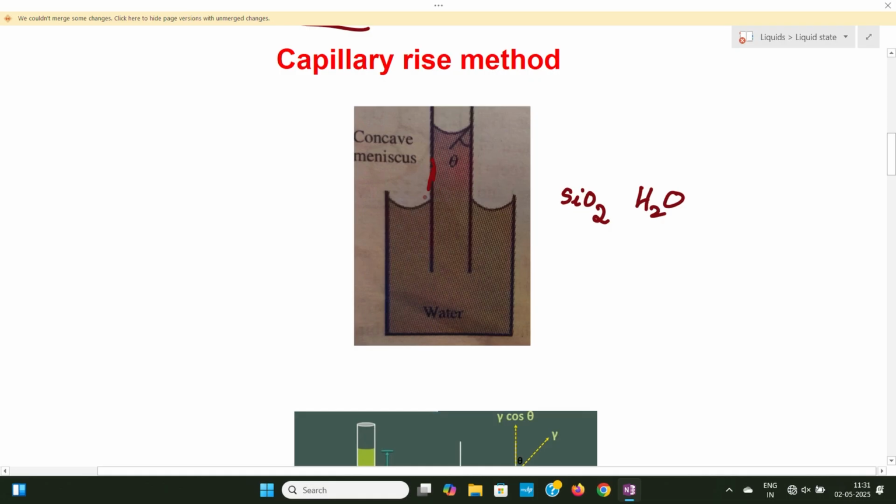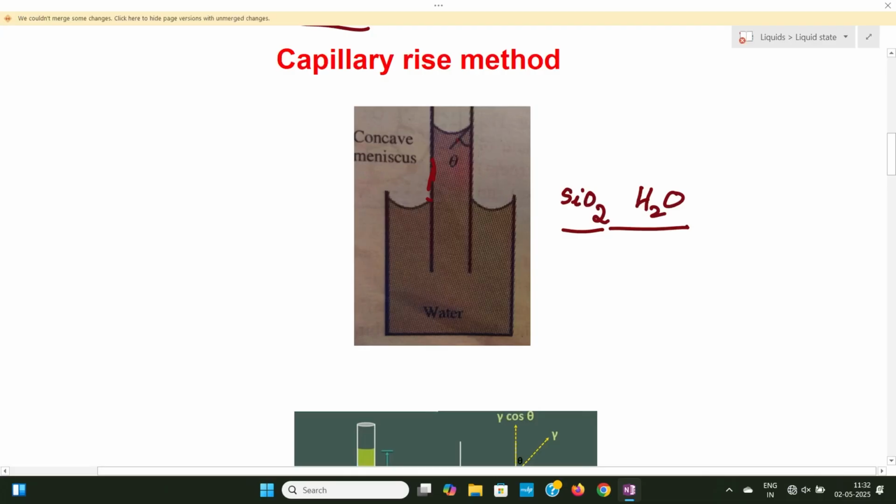The adhesive forces between the water molecules and the silicon dioxide are higher than the cohesive forces between the water molecules. Because of that, the capillary rise will happen.